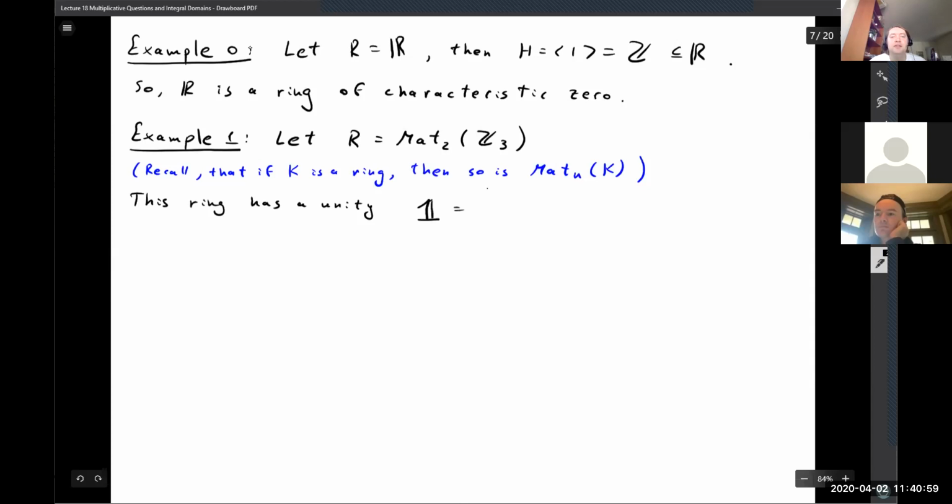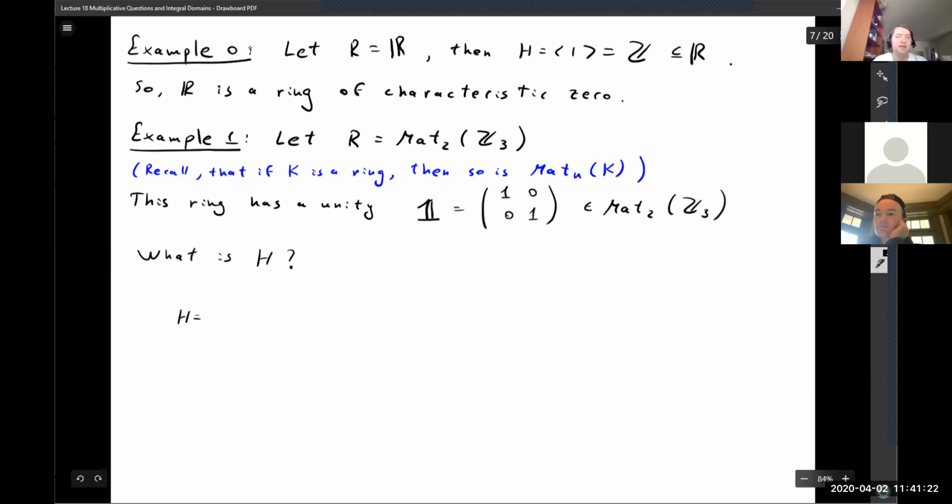This is the 2 by 2 matrix with ones on the diagonal, right? In Mat2 of Z3. Okay, so what is H?